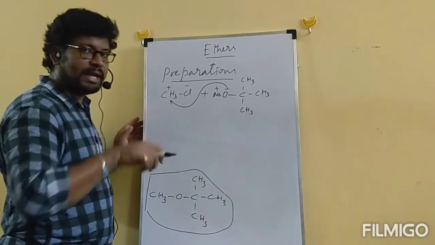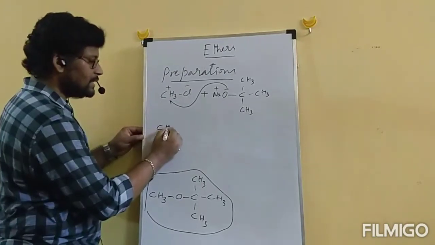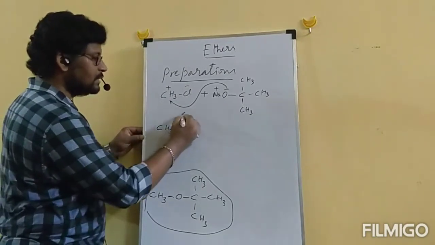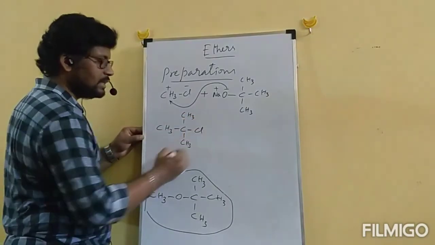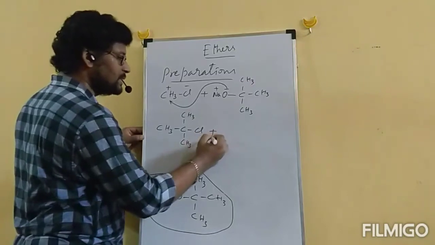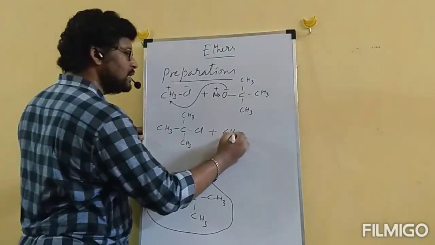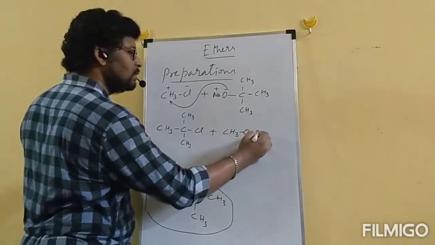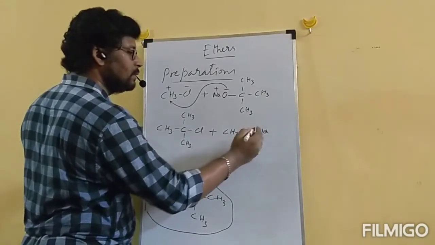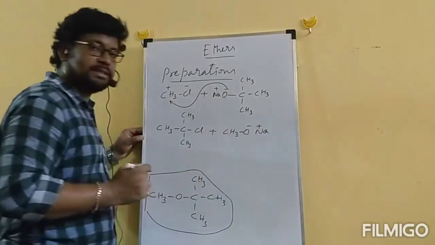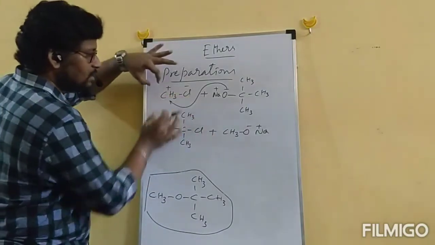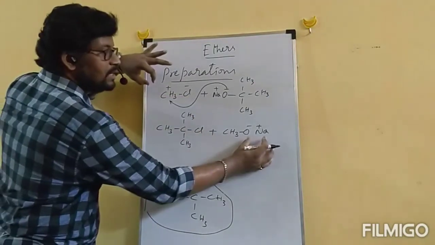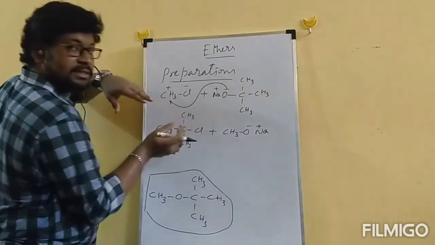But if you take (CH3)3CCl plus CH3ONa, with CH3O minus, this is CH3Cl. Now we are taking CH3ONa. I took it in reverse.